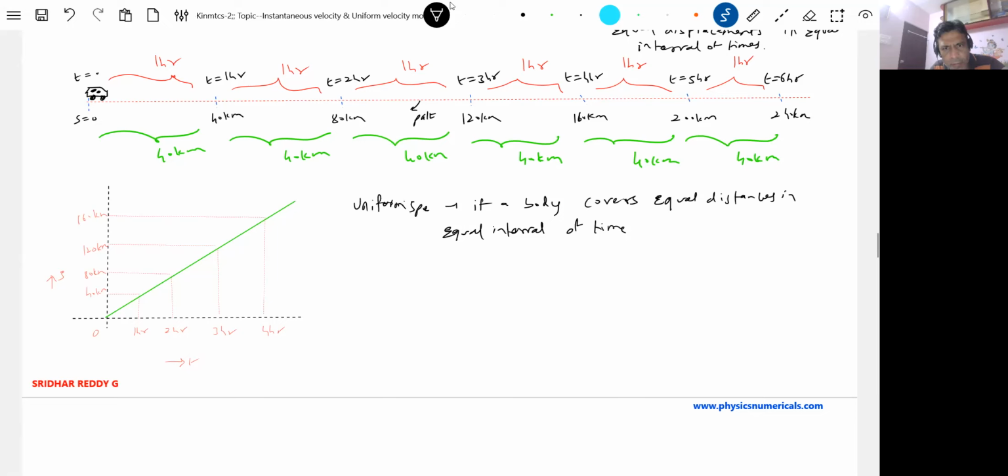Okay, there's one more, same thing. Because most of the problems we'll discuss are about uniform speed also. So let's come to this one. We have uniform velocity. So let's get into what will happen to average velocity and instantaneous velocity.